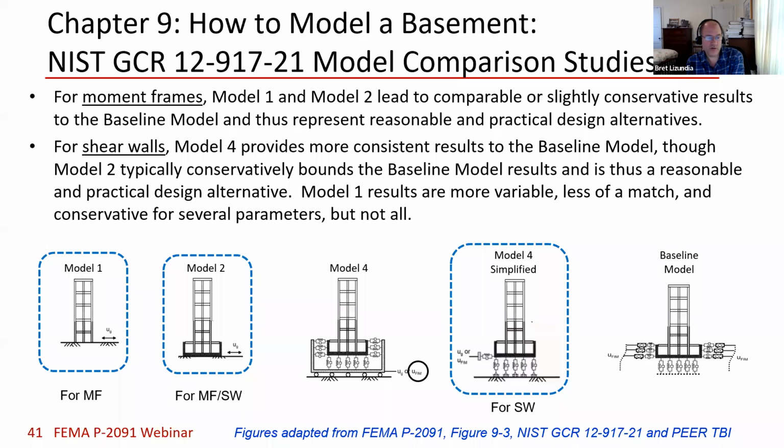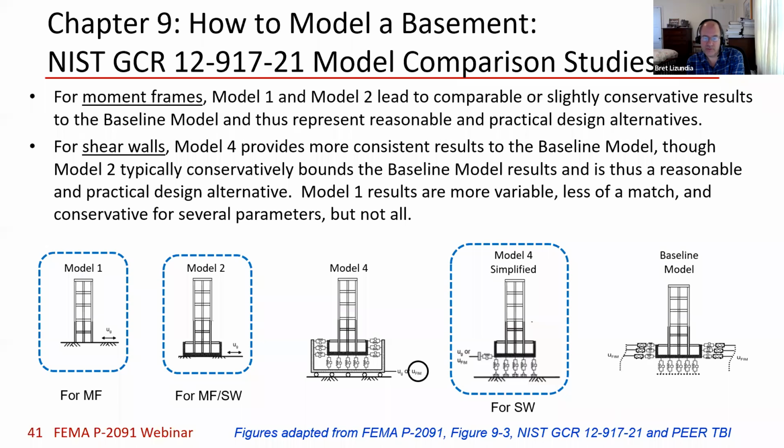So model 1 is like the simplest one of all, like just fix the bottom and totally ignore what the ground does. So no SSI over there. Model 2 was, well, it's got a basement. Let's act as if the soil above the basement floor doesn't exist. So let's fix it at the very bottom of the basement instead of at the ground surface.